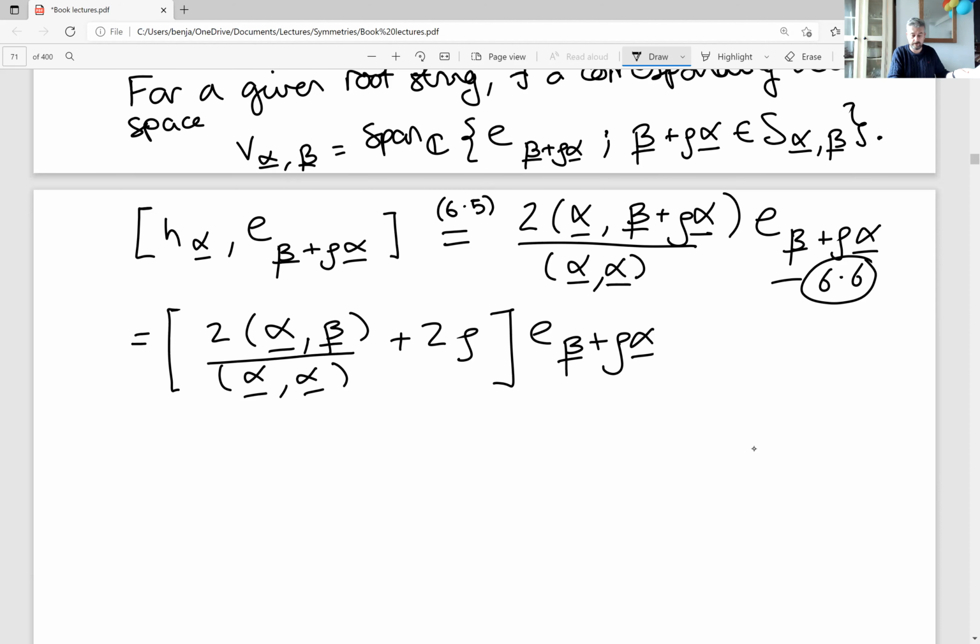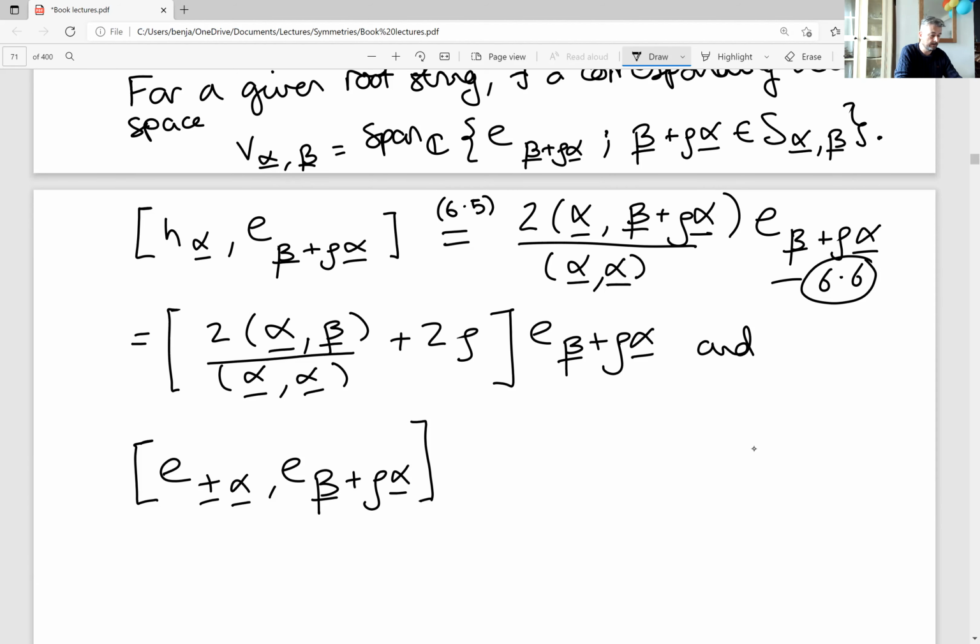So that's one of the commutators that we have, but we want to know what happens when we act on an element of this root string with either E plus or minus alpha.